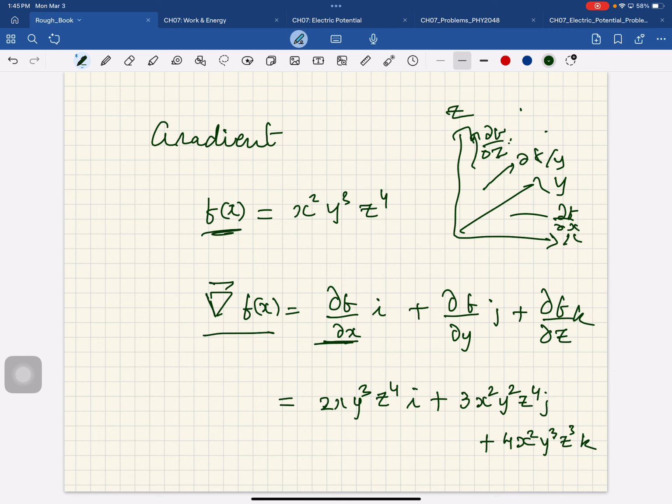If this was the temperature, the gradient of the temperature tells you which direction the temperature is increasing the fastest, and heat will flow in the opposite direction. If that was pressure, pressure is increasing in that direction, and wind blows in the opposite direction. So that's why you want to calculate the gradients.